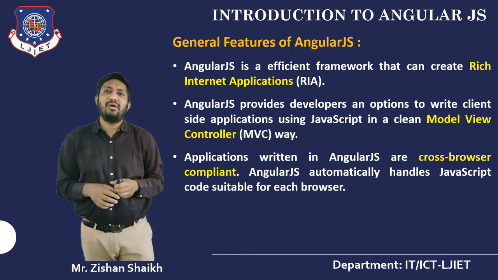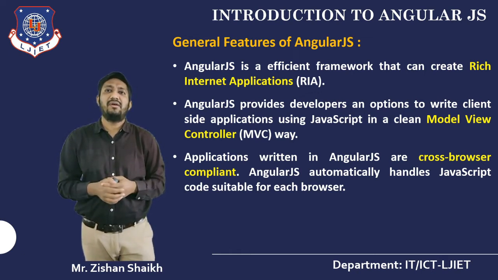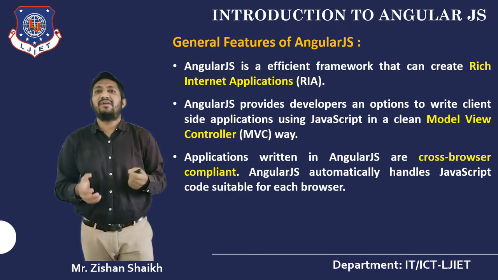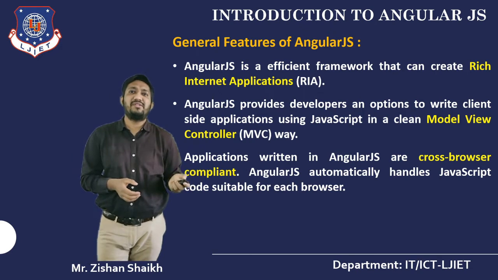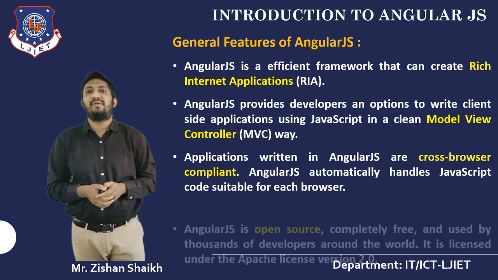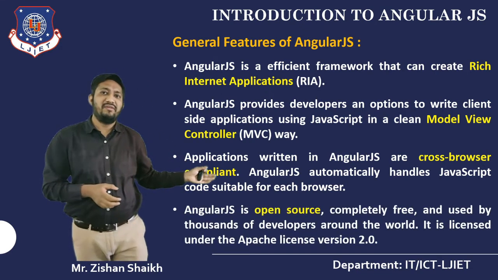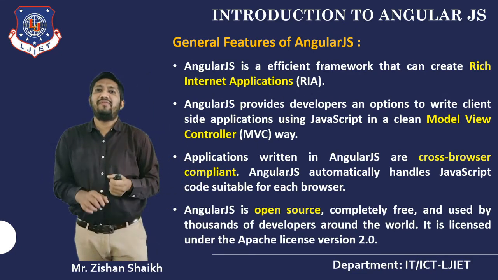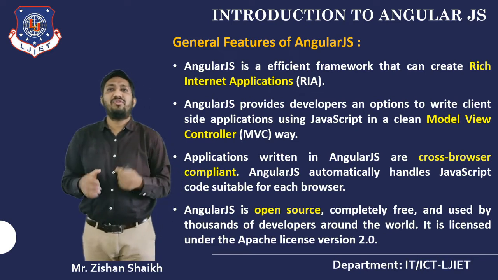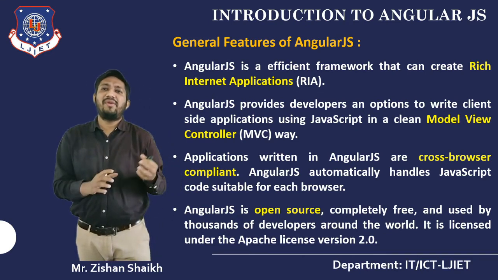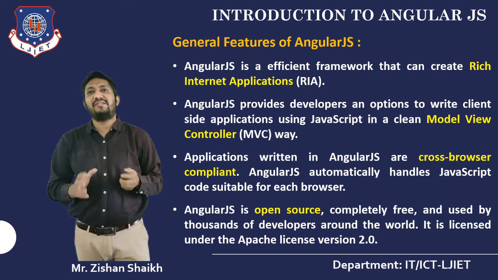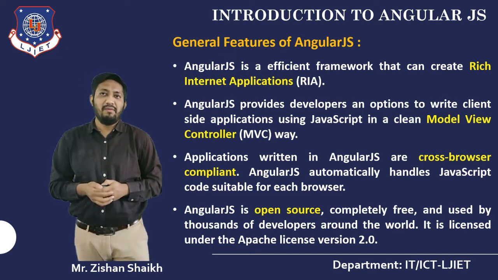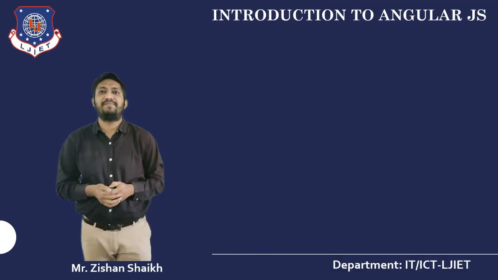In Google Chrome, the V8 JavaScript engine supports different architectures and different versions of JavaScript. And the last, very important thing about AngularJS is that it is open source. Open source software is accepted by many giant companies, which is why it is very popular nowadays for developing web applications.